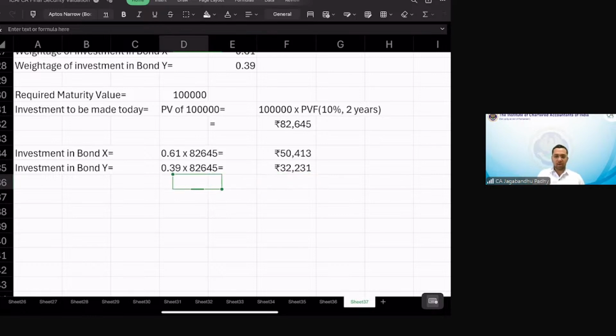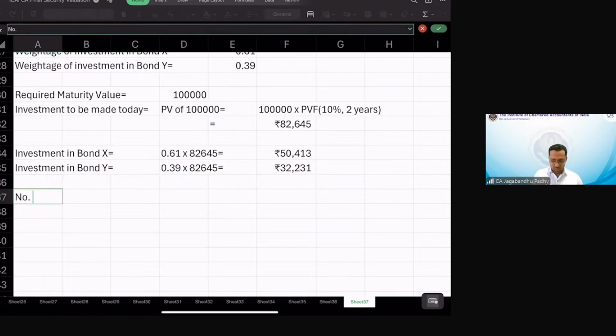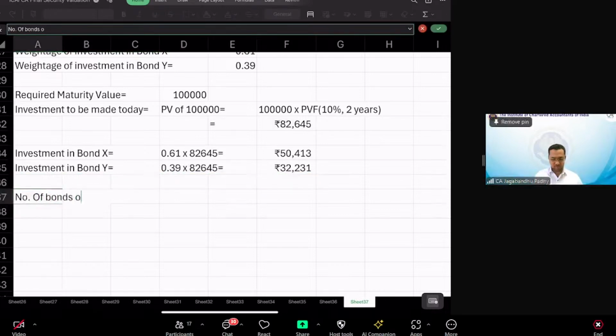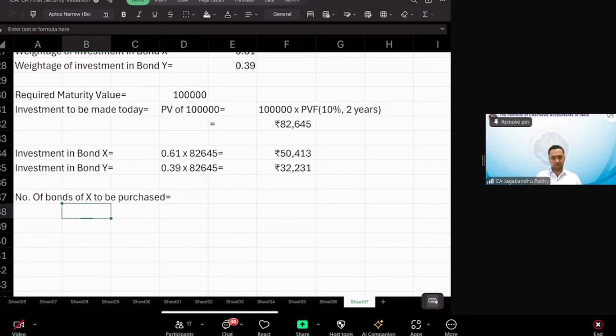Okay. Now, can you tell me the number of bonds of X to be purchased?